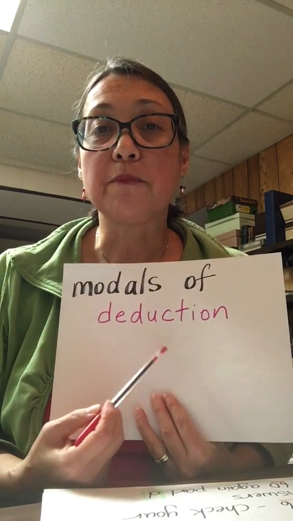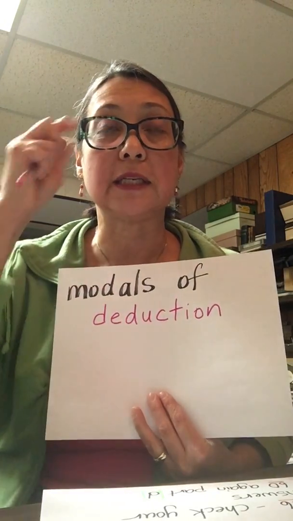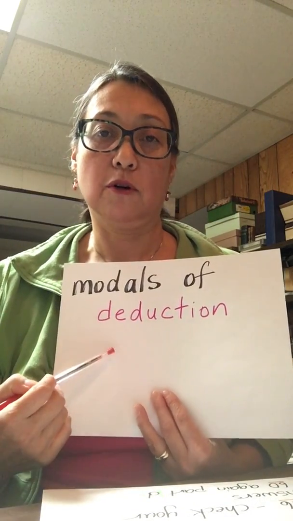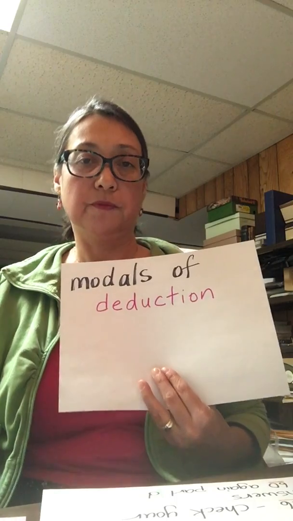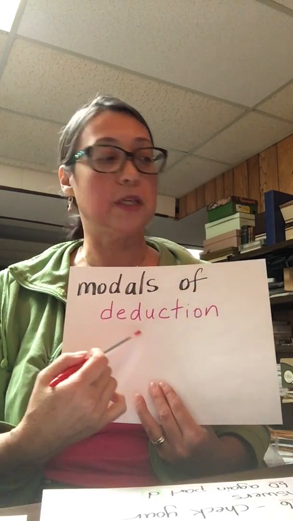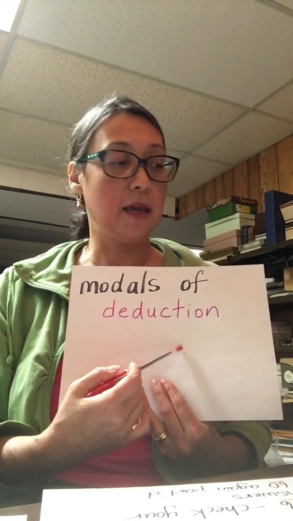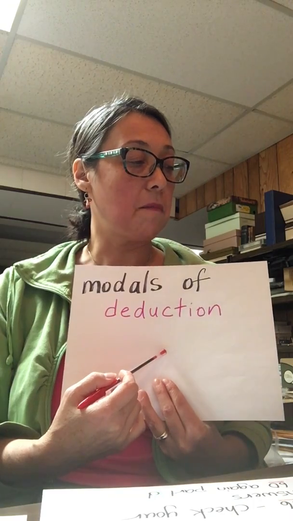Deduction is guessing when we do not have more information about something other than what we see, or only based on a little bit of information. Right. So we guess about people using might, may, could, must, also can't. Remember can't? And you'll see how.